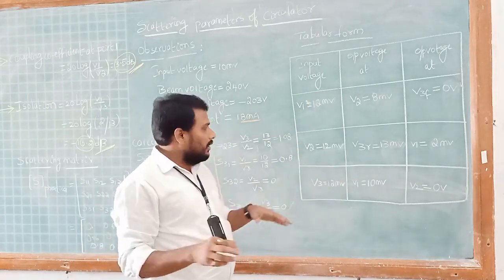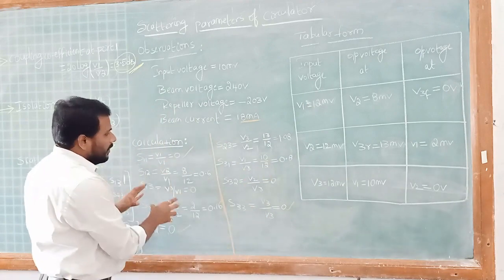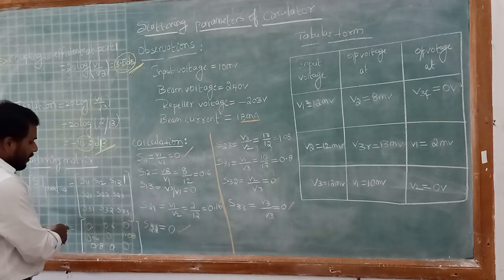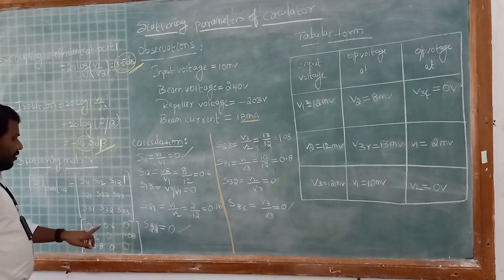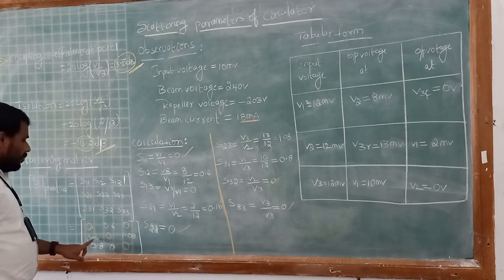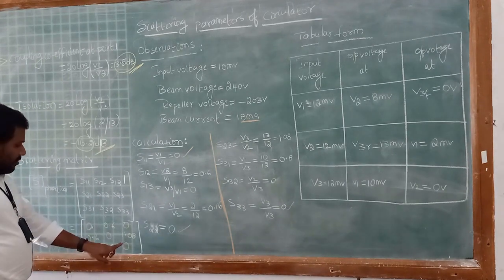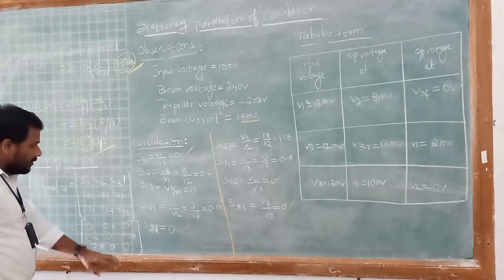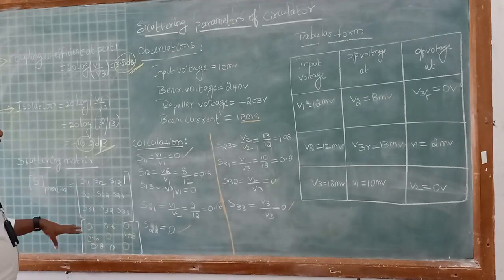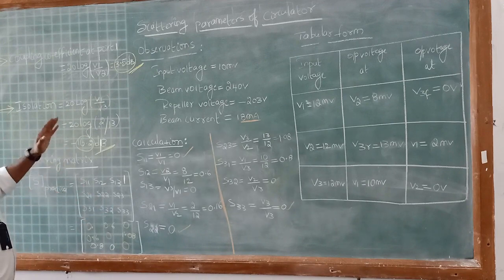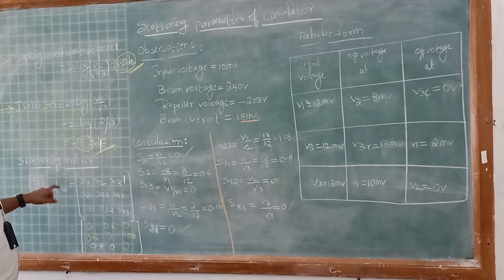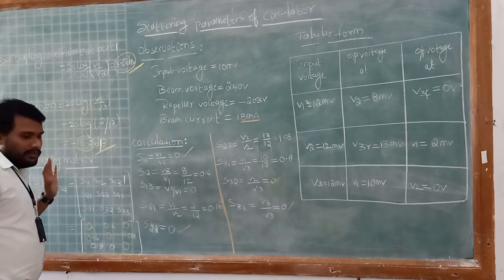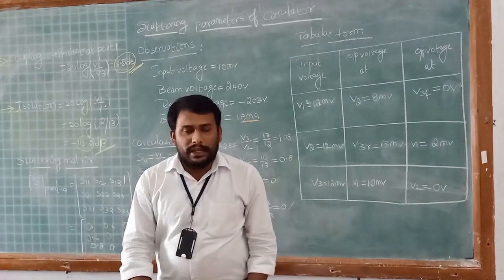After finding those values, calculate the scattering matrix practically, and those values are 0.6, 0, 0.16, 0, 1.08, 0.8, 0, 0. So this is the required scattering matrix for the circulator. After finding the circulator scattering matrix, find the coupling coefficient and isolation. Thank you so much.